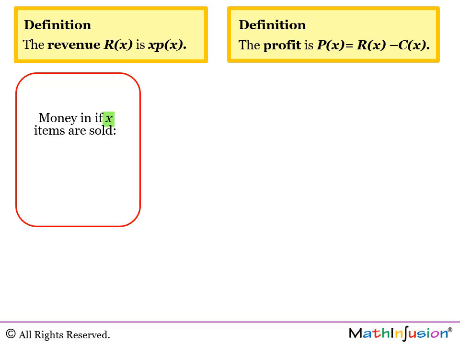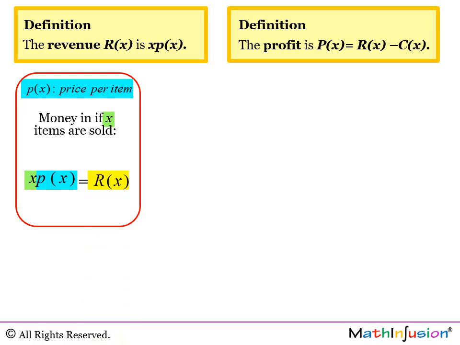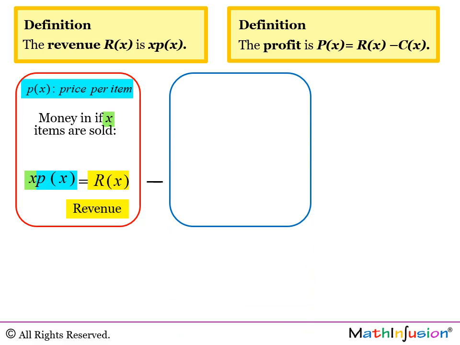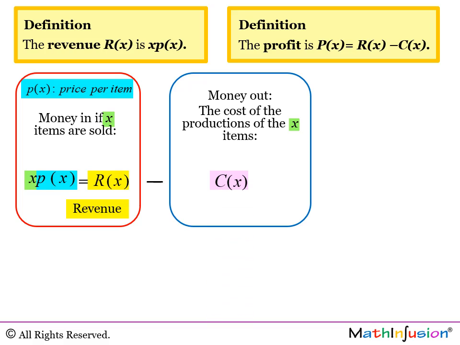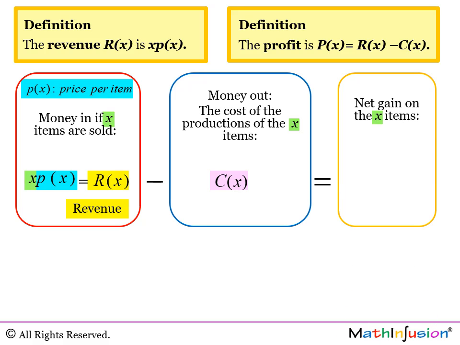Let's see the amount of money that gets in if x items are sold. It is xP(x). This is the revenue. It's the number of items times the price of each. If we take away the cost, this is the money that goes out, we will get the net gain, which is the profit.